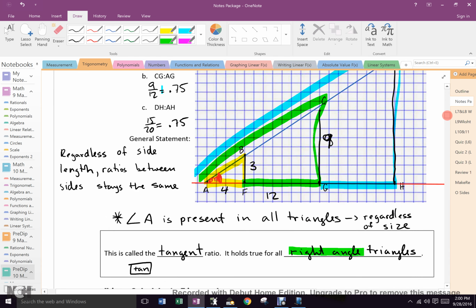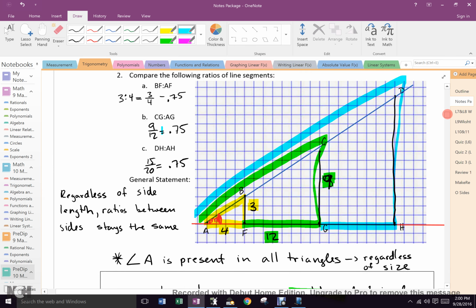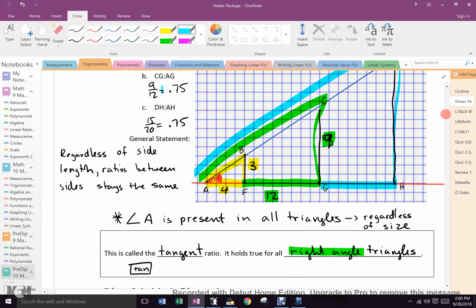First thing I want to talk about is this. This ratio, you will notice, is 3 over 4, or 9 over 12, or 15 over 20, right? What do you notice about those?